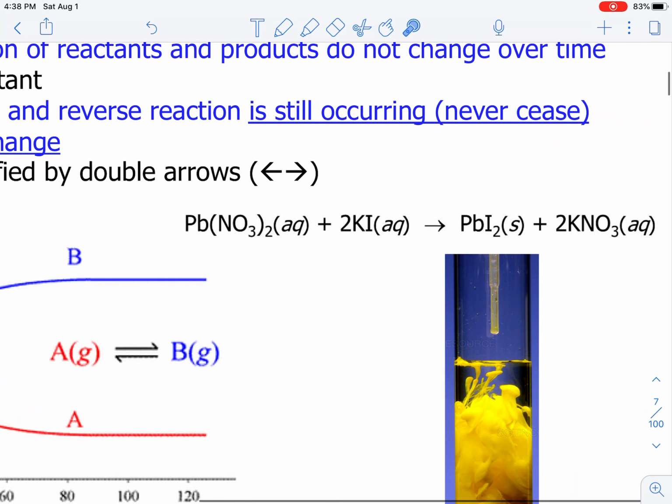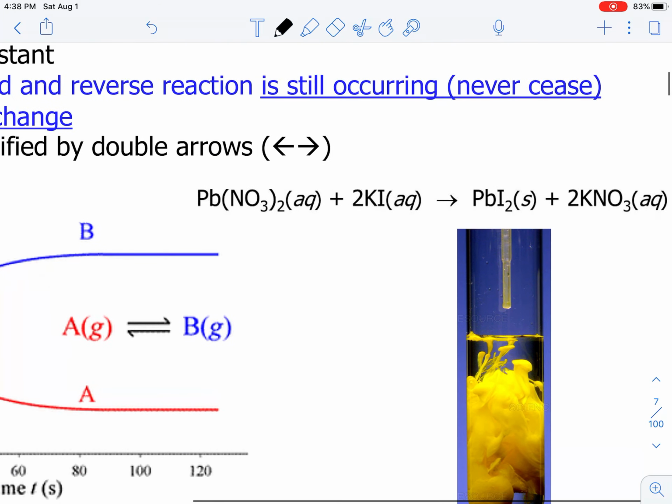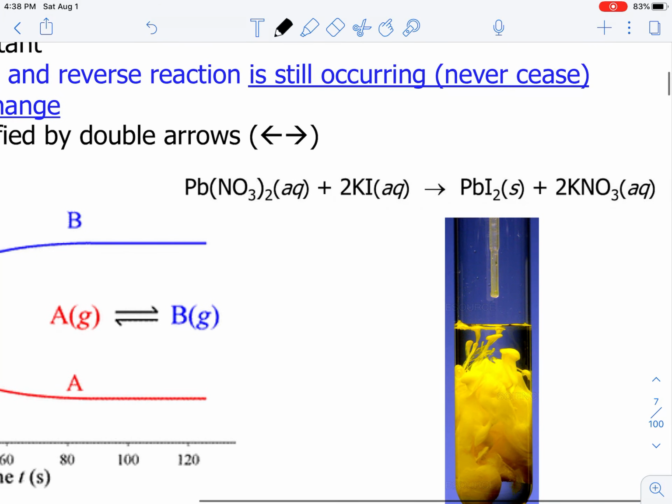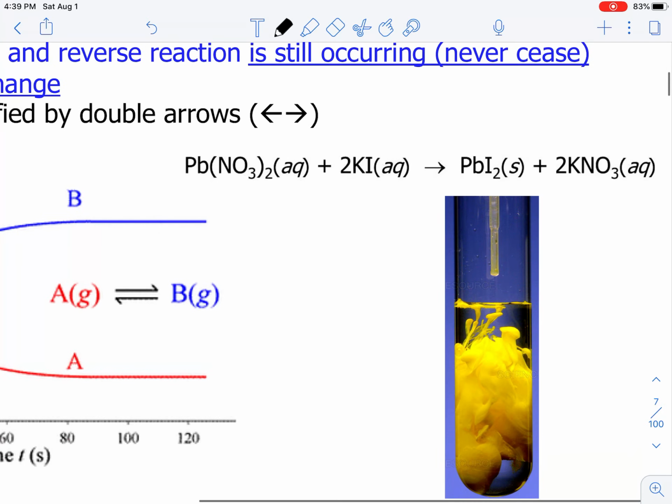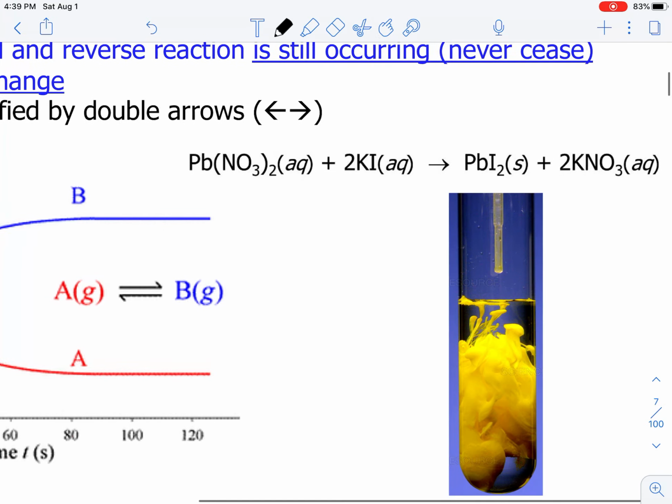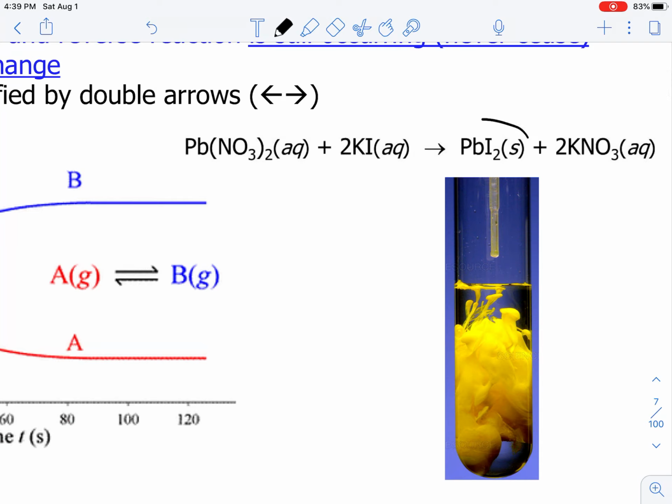And so, looking at this specific precipitation reaction, since the production of lead iodide is predominant, we can assume that for this specific example, the rate of the forward is going to be much greater than the rate of the reverse.